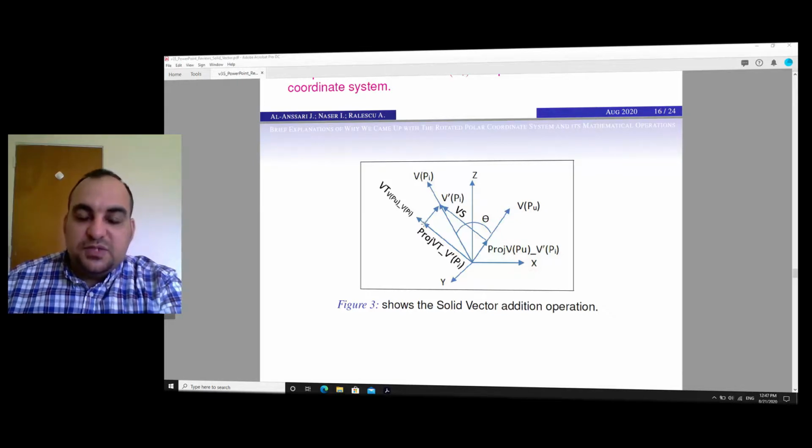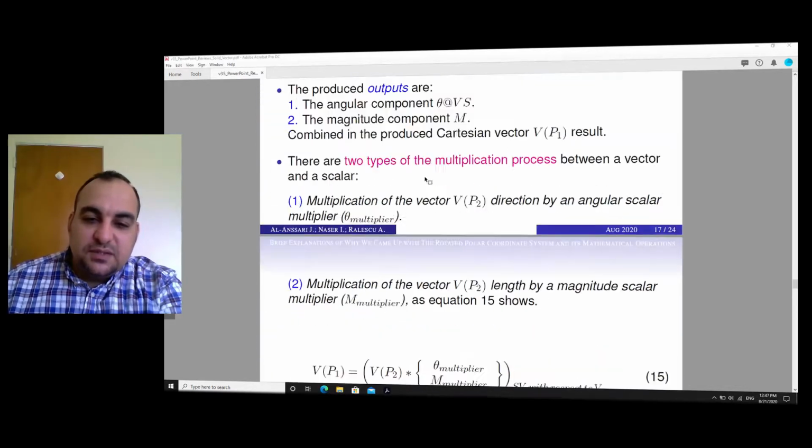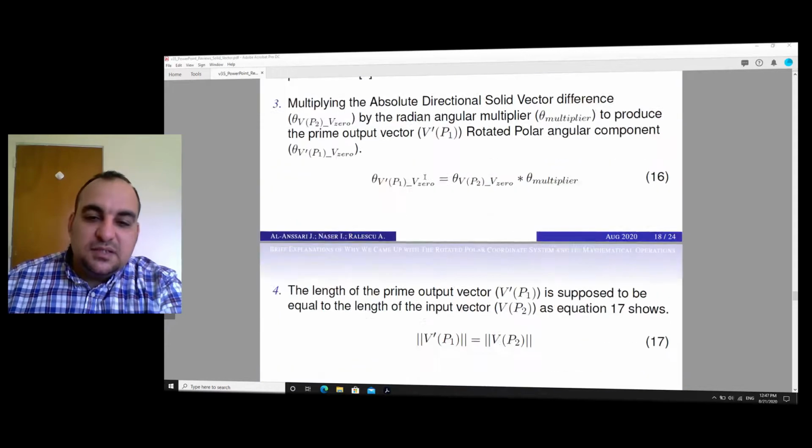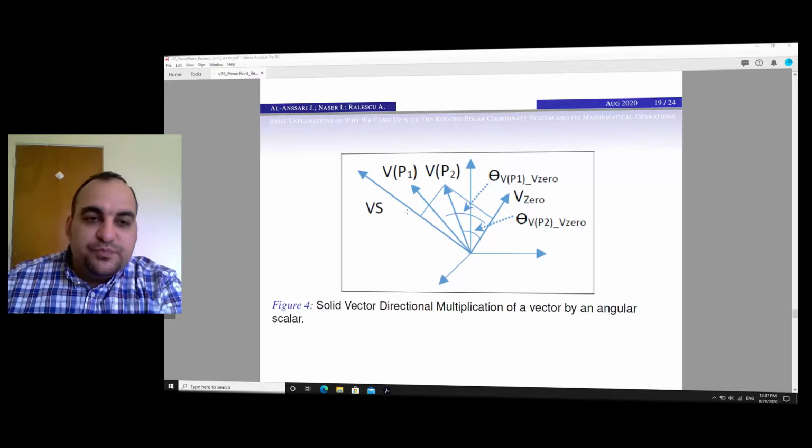Then we add the two projected vectors to get the direction of V prime PI. Then we add the length of vector V prime PI to the magnitude addition to get the final result, that's vector VPI.